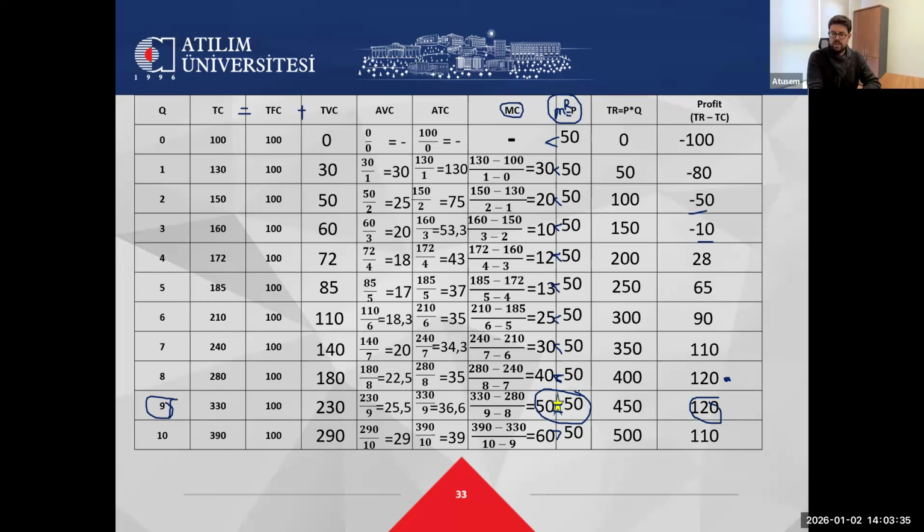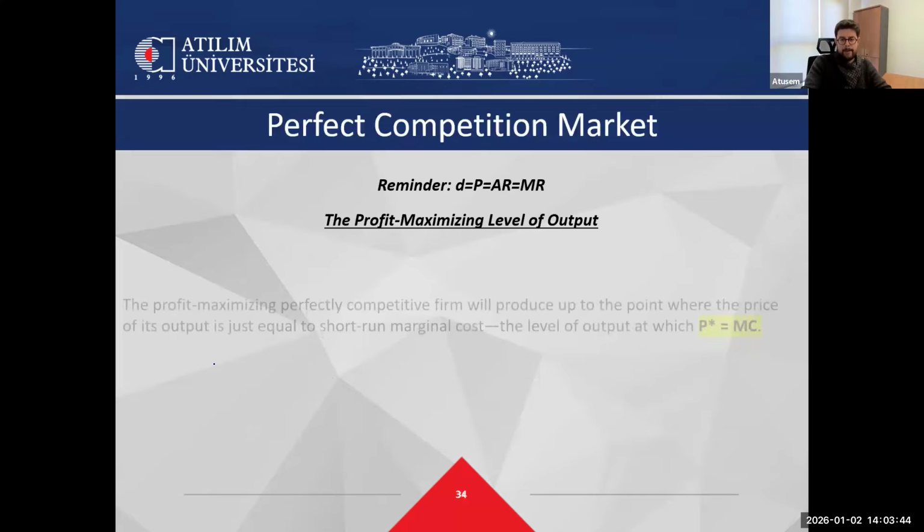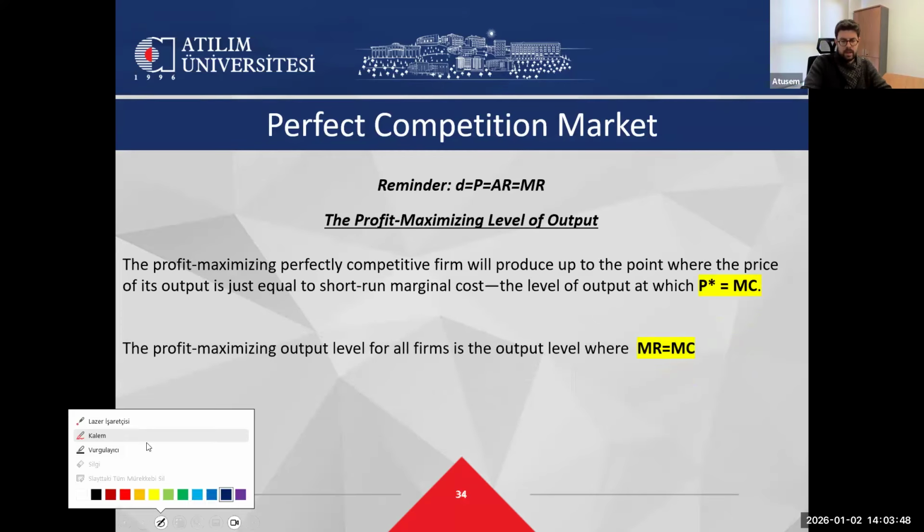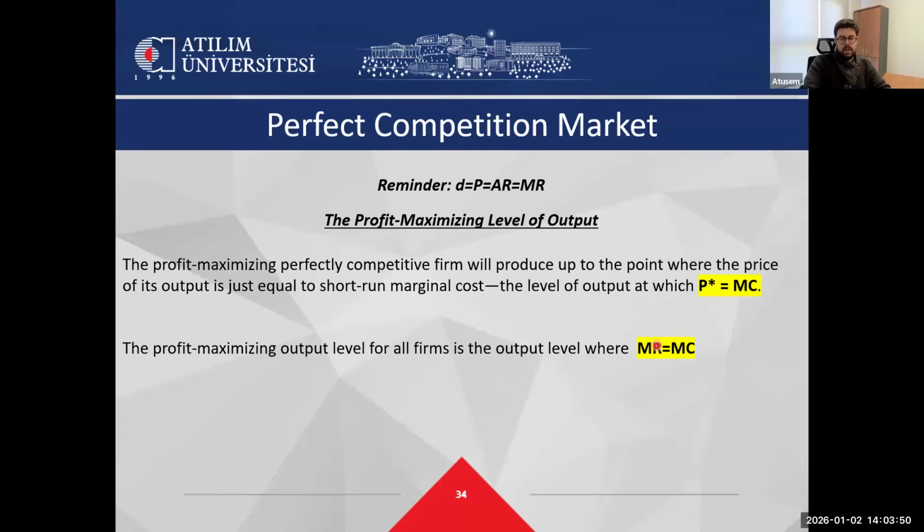Okay, that is the example of the table solution. And you are also responsible for the graph part. Let's come to that part. I said the profit maximizing condition occurs where marginal revenue equals marginal cost. Let's remind ourselves of the formula I gave in previous slides.